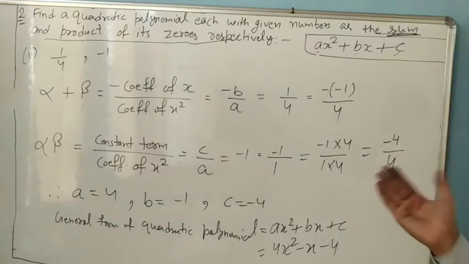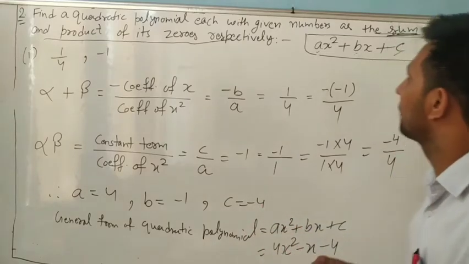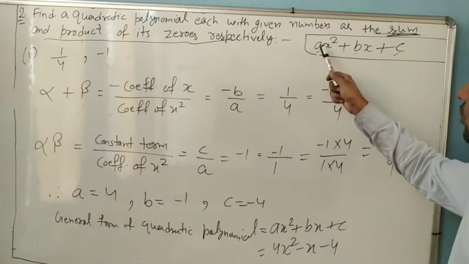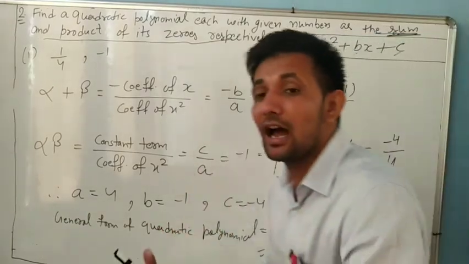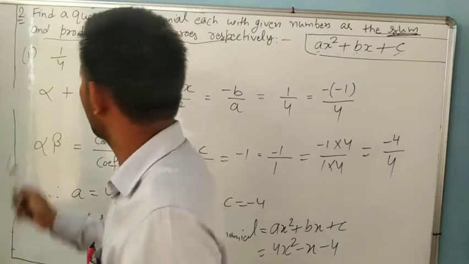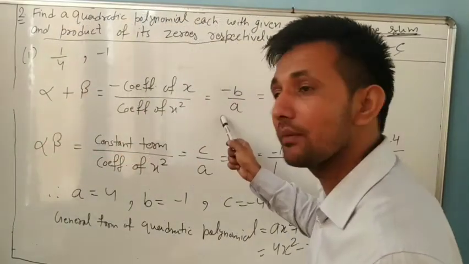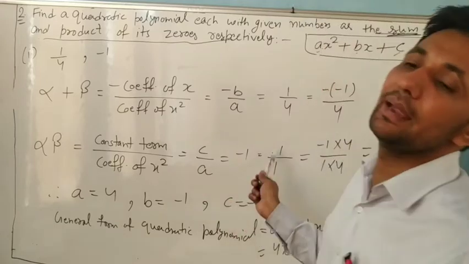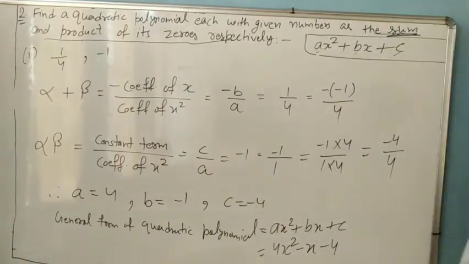Always remember, to make a quadratic polynomial we should know a, b, c. Whenever sum and product are given, we use their relations, find a, b, c, and put them in the equation.